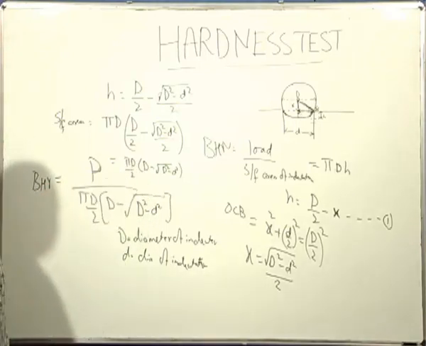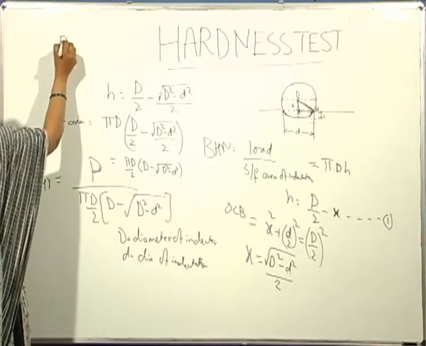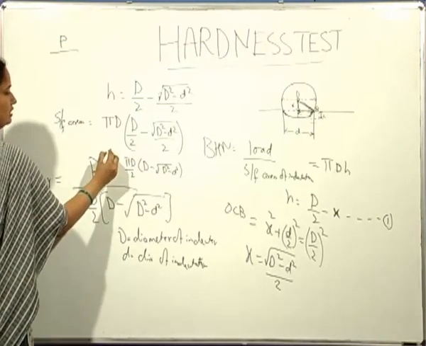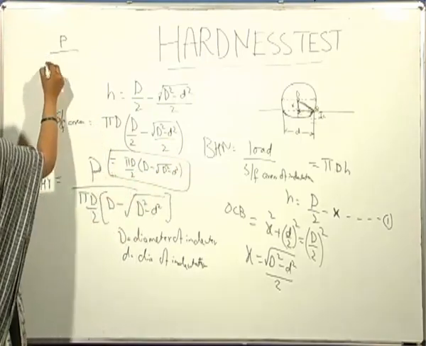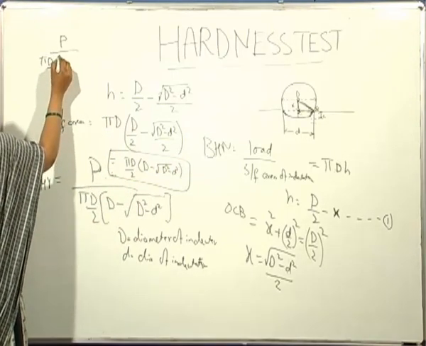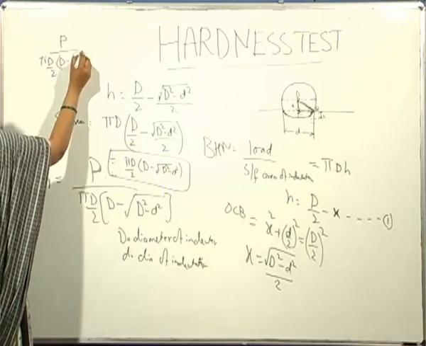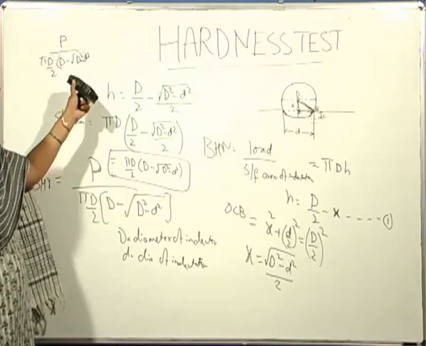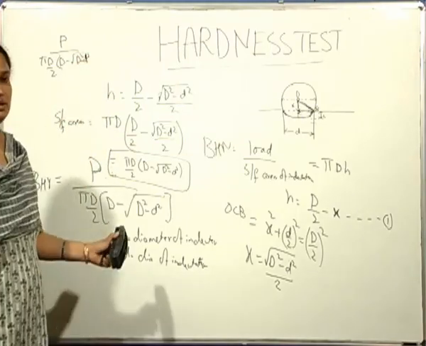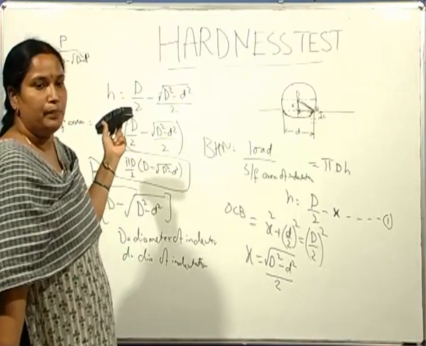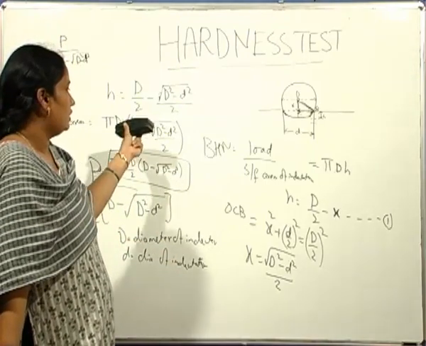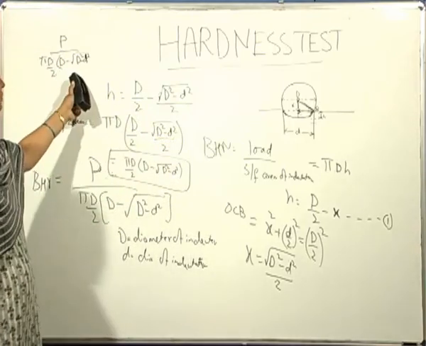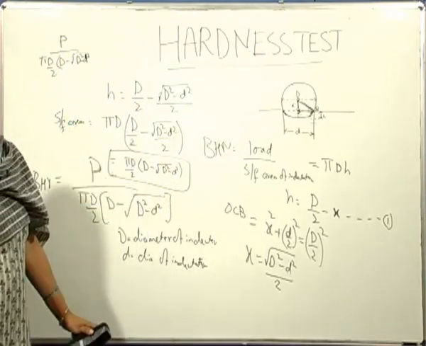Brinell hardness number is the load P divided by this surface area of indentation, and this is how we derive the Brinell hardness number formula.